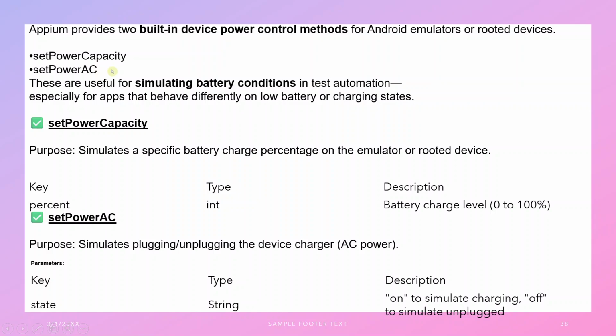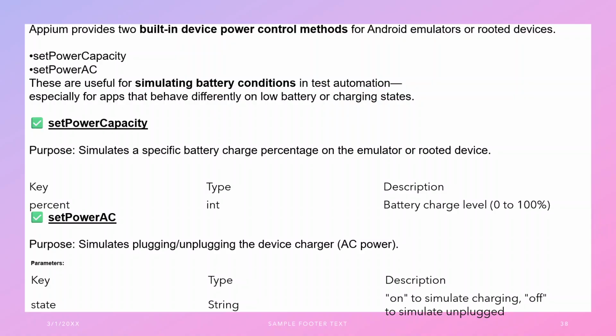By using these two methods, we can simulate the battery condition in our test automation, especially for apps that behave differently on low battery and charging states. Suppose we have a scenario where we have to test how our app behaves with different battery charge levels.